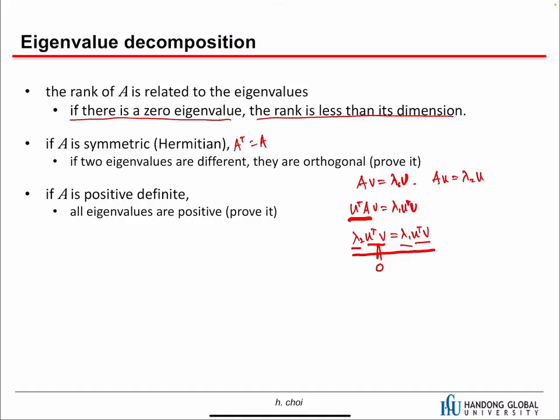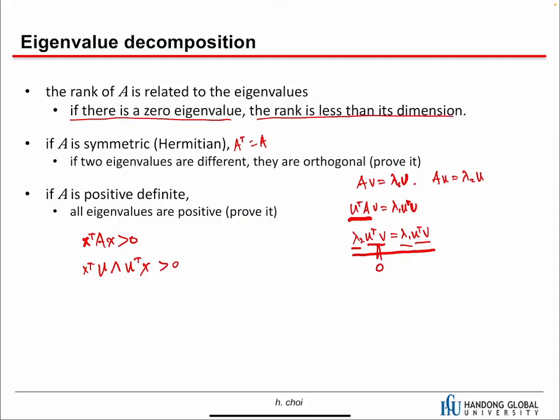And then the next: if A is positive definite, then all eigenvalues are positive. Positive definite means for all vectors x, x transpose A x should be positive. And with this matrix A, we can apply the eigendecomposition. So we can think of x transpose U lambda U transpose x, which is positive.